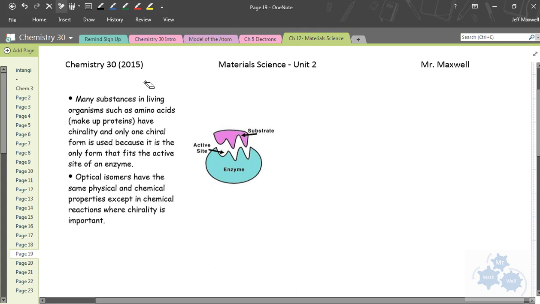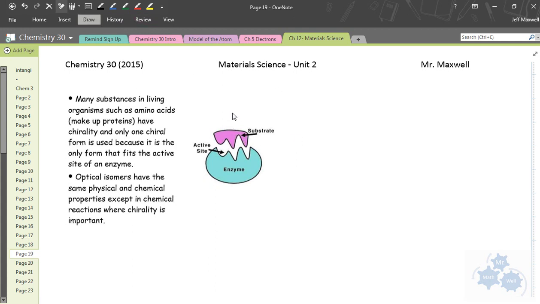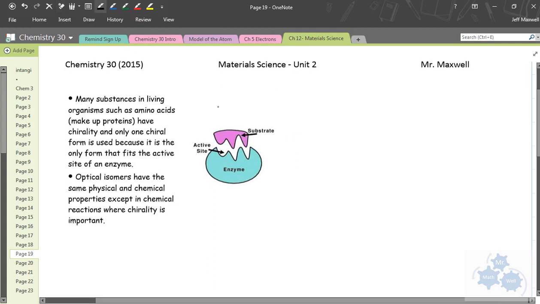You can imagine if we had the other version of this, which kind of looks something like this, not a very good drawing. But let's say this one tried to slip into this keyhole here, it wouldn't work. Even if it's flipped around, you have to remember this is three-dimensional. So only certain forms fit when we're talking about biology. So they're very, very important.